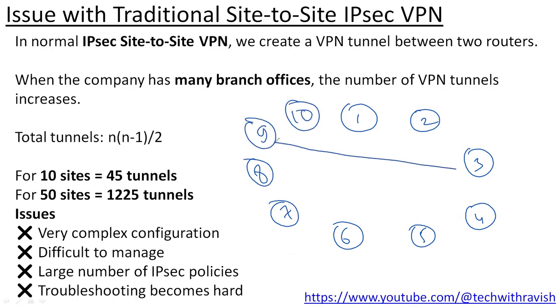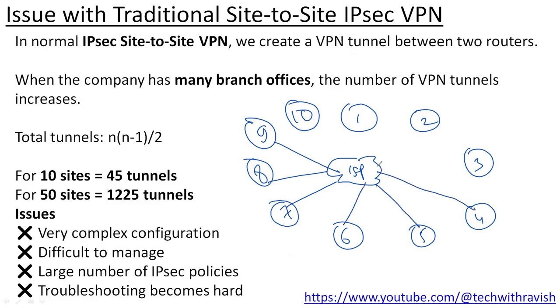If there are 10 branch offices connected via an ISP, what will be the issue in this kind of network? When we do the configuration of IPsec VPN or GRE tunnel VPN, the issue is that we have to create how many tunnels? 45 tunnels for these 10 offices.